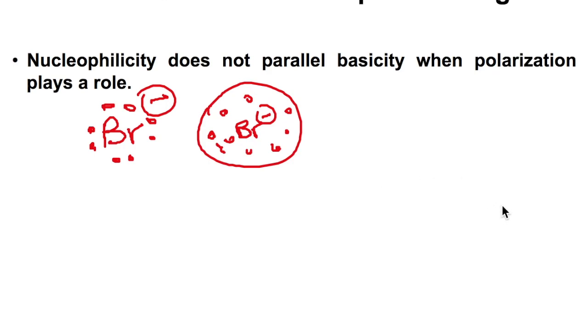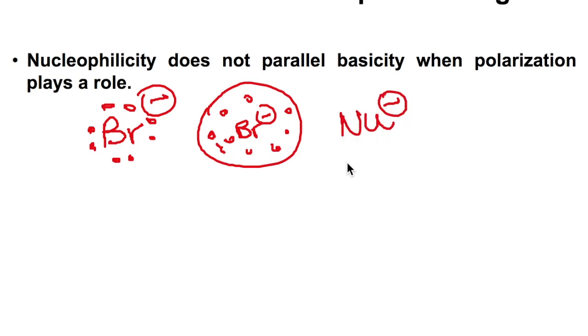What happens is that if an external field is applied, the electron cloud of the Br can shift. That's what we mean when we talk about polarizability: the electron density of a molecule can be modified. And so the electron density around the Br can be moved and it can go and attack somewhere else. So that makes it a better nucleophile.